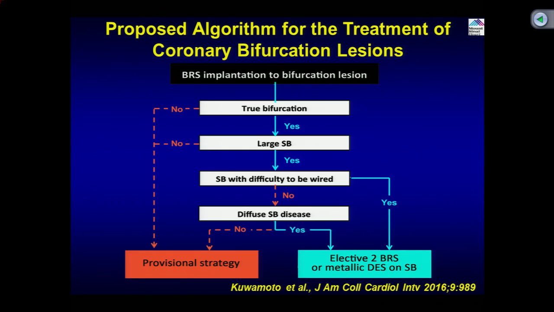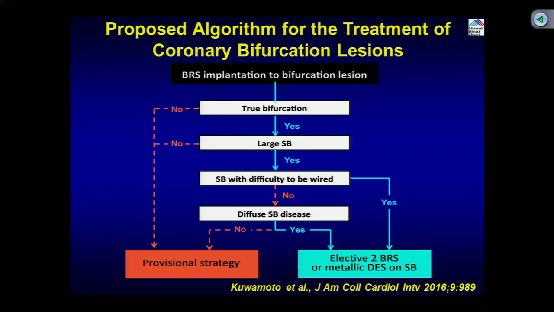But I would say about 25-30% of cases will have a diseased side branch, and you know that you are going to put a second stent. So, better to prepare yourself with a 2-stent strategy, but the majority of their recommendation still is elective 2 BRS or metal DES in the side branch.